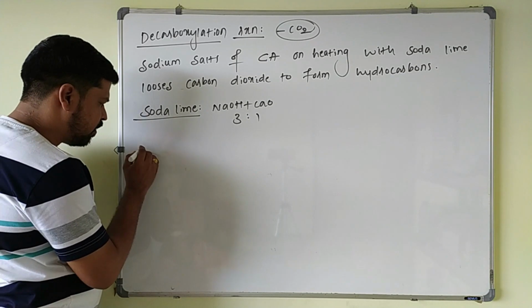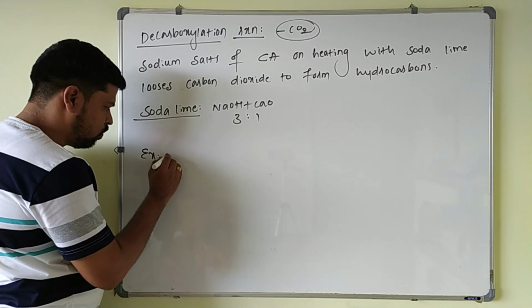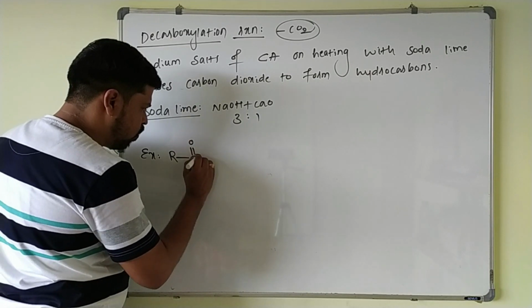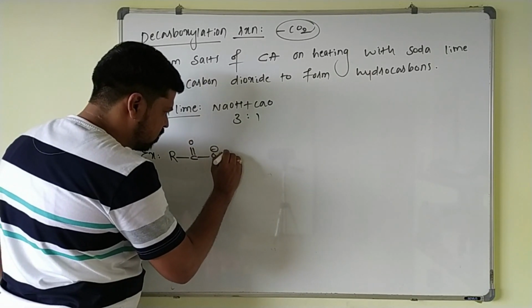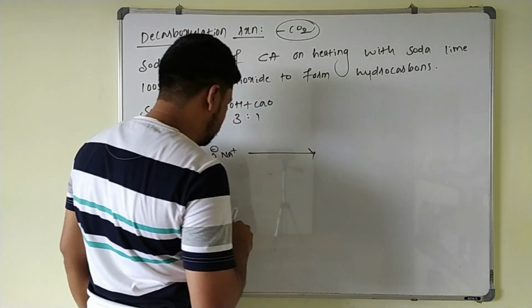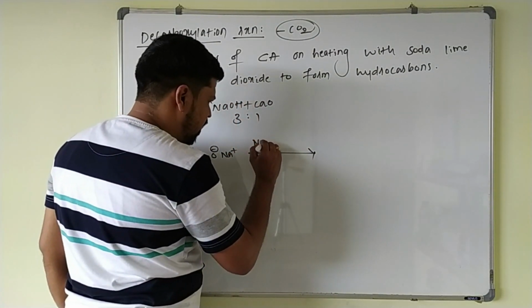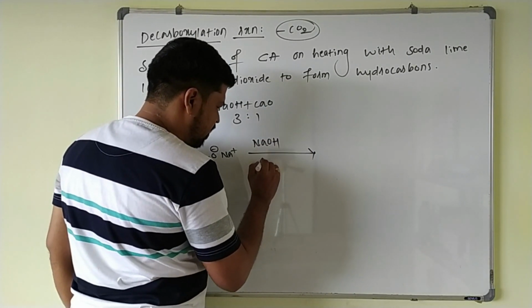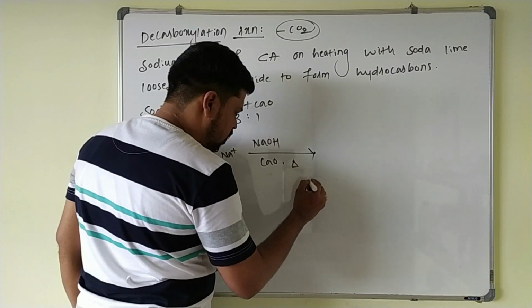So for example, R C double bond O minus Na plus, this on treating with soda lime, that is NaOH in presence of CaO on heating.